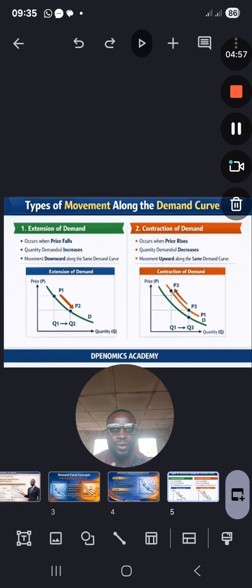Like I explained using the Coca-Cola bottle in the supermarket, when price falls and demand increases, our demand curve movement is from point A to point B, which results in a downward sloping movement from point A to point B.